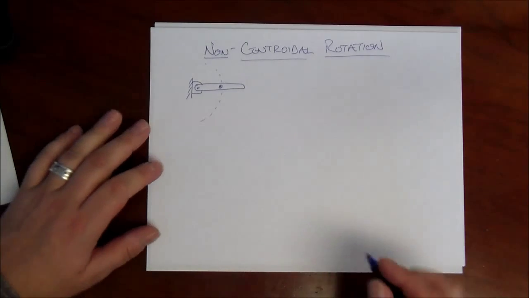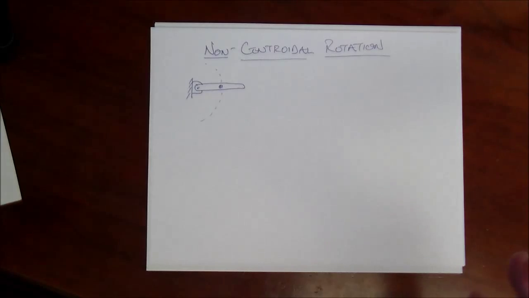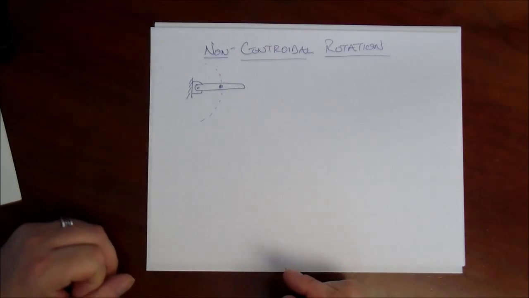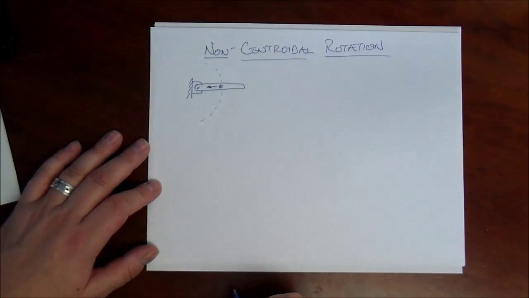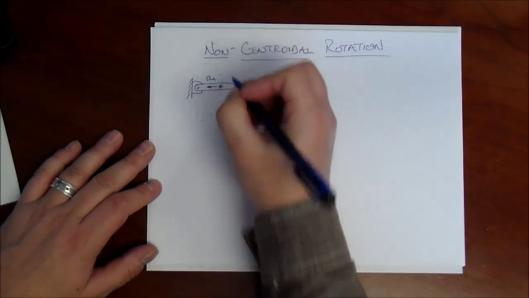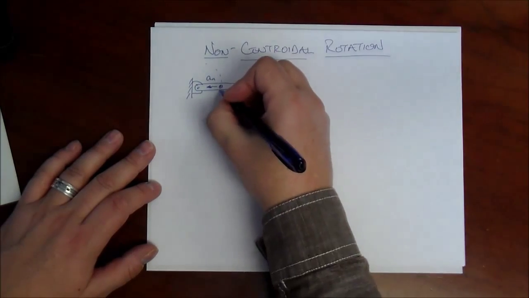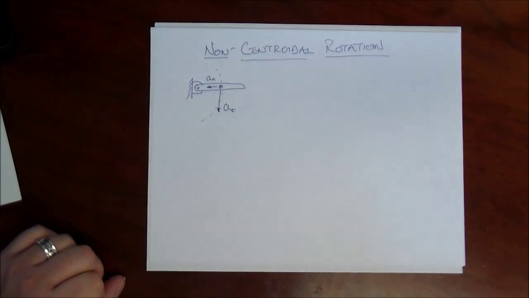And so what we know about that is, remember, whenever anything's moving in a circle, we use normal and tangential components. So we know that the acceleration can be split into, first of all, the normal component, and secondly, the tangential component.